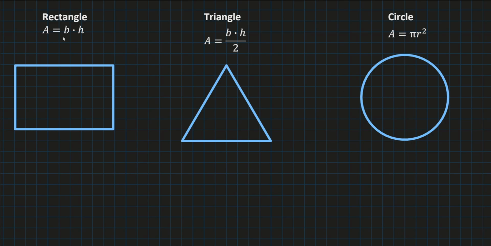Area is a two-dimensional distance. Now, two dimensions means that it has two types of distances. For example, this is a square, right? Or well, this is a rectangle, actually. This is a rectangle, and it is called a two-dimensional shape. And the reason for that is because it's got a horizontal distance. That's one dimension, horizontal. And it's got a vertical distance. The horizontal distance, we call that the base. The vertical distance, we call that the height.